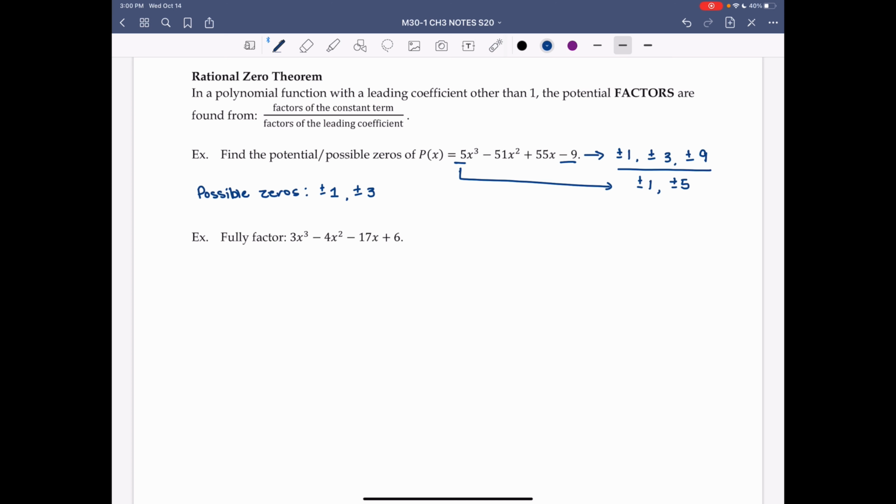And plus minus 9. Same thing. Plus minus 9 divided by plus minus 1 gives us plus minus 9. And then we also have plus minus 1 over 5. Plus minus 3 over 5. And plus minus 9 over 5.